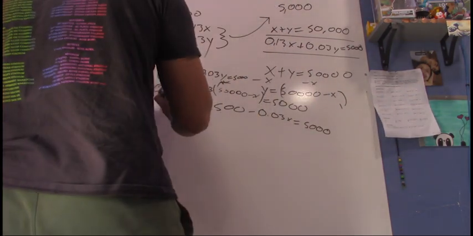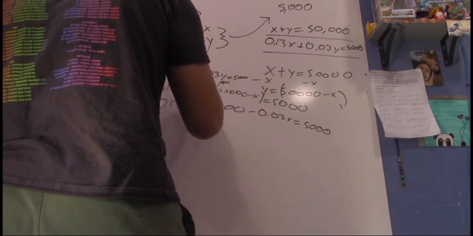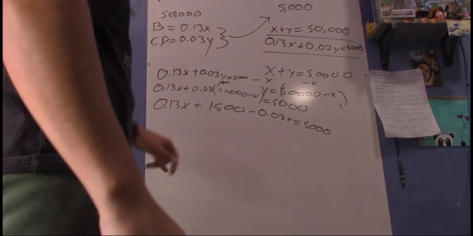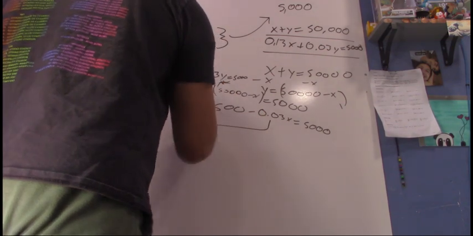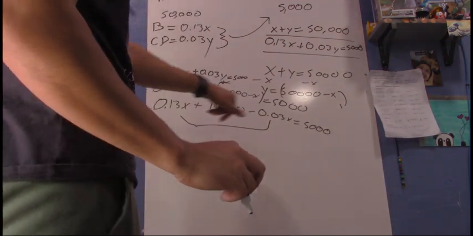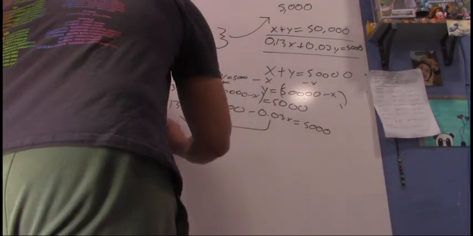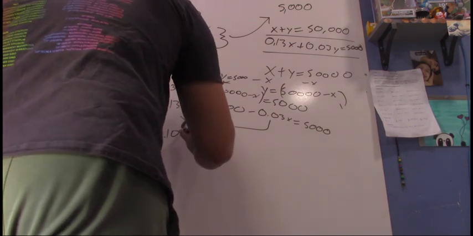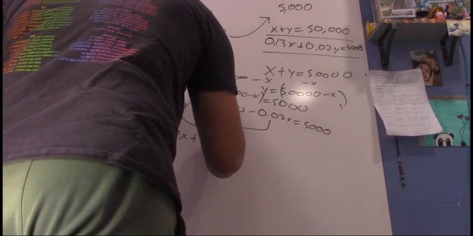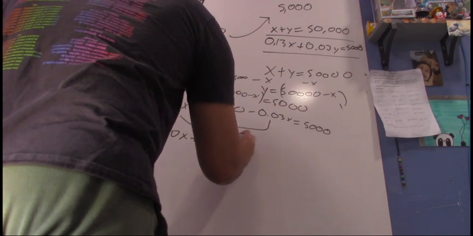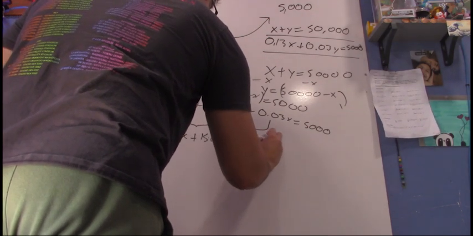And then we keep 0.13x plus that. So now we have two like terms right here. We can just add those together. 0.13 minus 0.03 becomes 0.10x plus 1,500 equals 5,000.